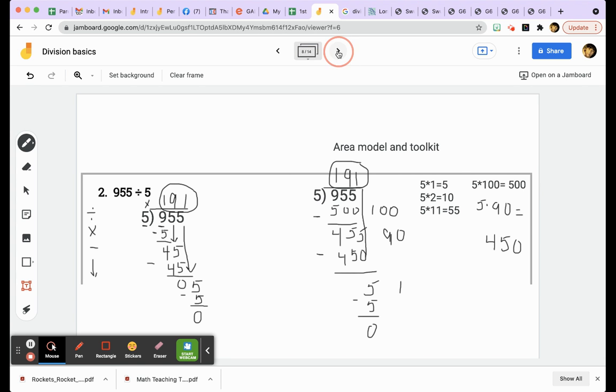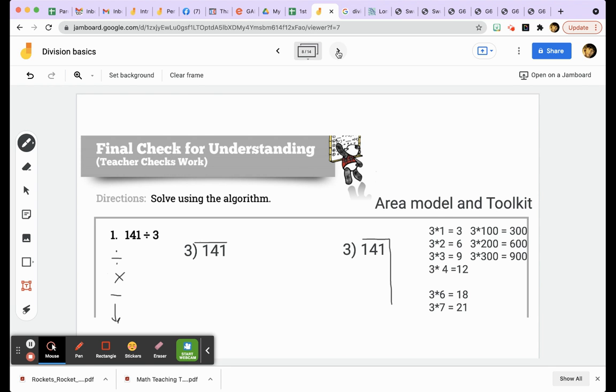Let's do the final check for understanding. We might be running out of time in class. This lesson will continue tomorrow. So if you are close to the end of the period right now, this is where you're going to stop and pause the video.